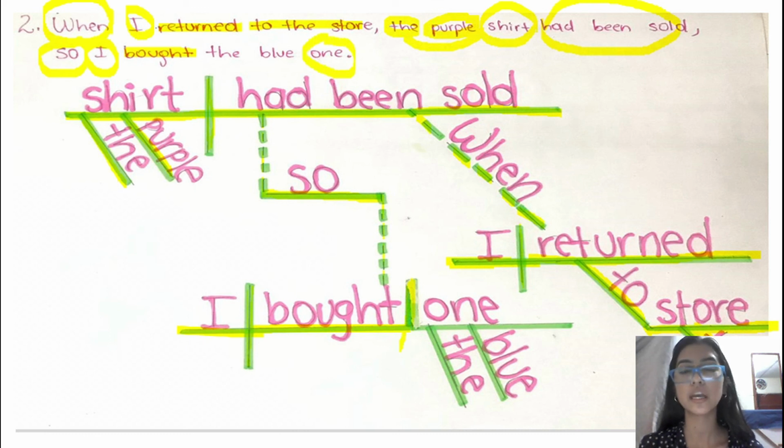So this one is going to be written on a horizontal line. The article the and the adjective blue are modifying one. So they are going to be written below one on slanting lines.